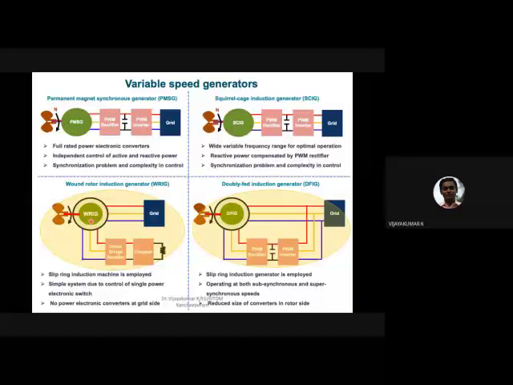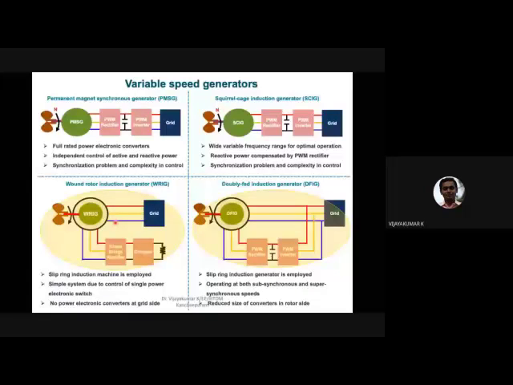If you can control the speed of the machine, you can control the turbine speed, right? In that way, you can implement maximum power point tracking in this system. The limitation of this system is that you can generate power only above synchronous speed. Only above synchronous speed will it act as a generator.